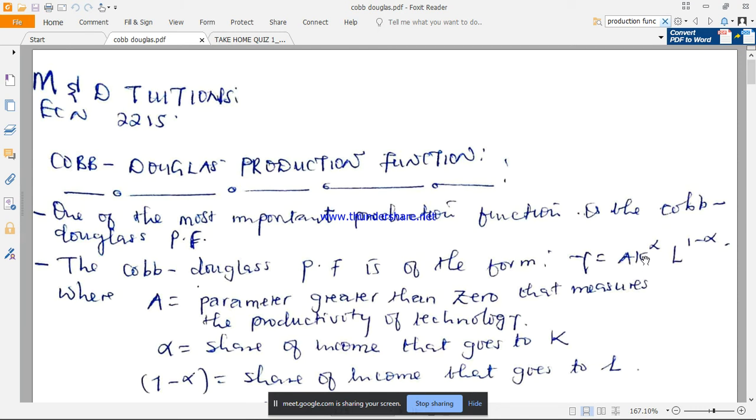K is capital. Then alpha, this is not A, it's alpha. Alpha represents the proportion of total output that is paid to capital. And 1 less alpha is the proportion of output that is paid to labor. So anything of this nature represents the Cobb-Douglas production function.